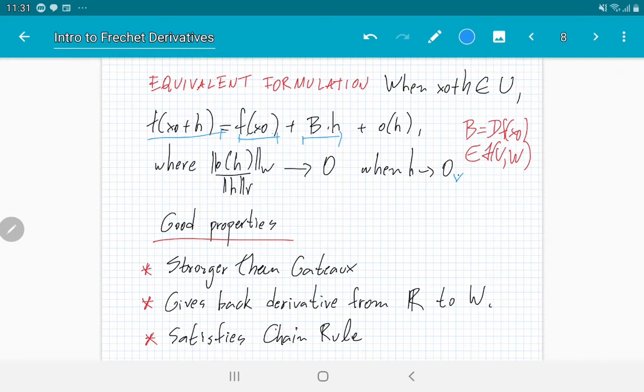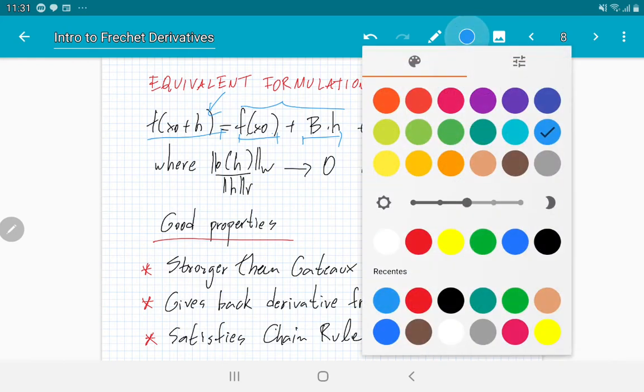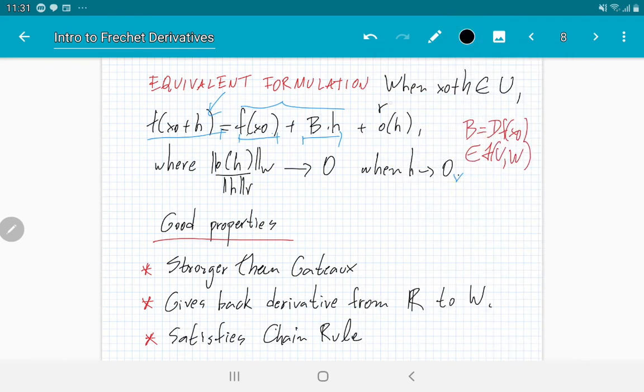Because this is saying that if I look at the difference between this and this, when I divide by the norm of h, this goes to 0. But it's sometimes convenient to write things in this way. We're also going to call this a remainder term. We'll use r of h sometimes.